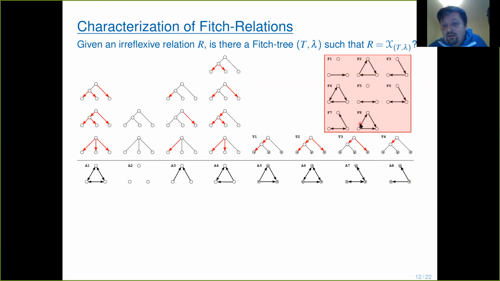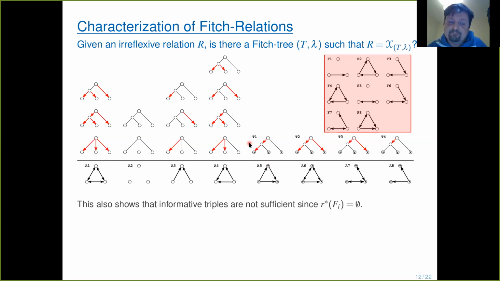There is no way, because we have here fully enumerated all the trees. This shows that informative triples are not sufficient. So compatibility of these triple sets is not sufficient, because for these forbidden subgraphs, so to say, the triple set is empty, right?